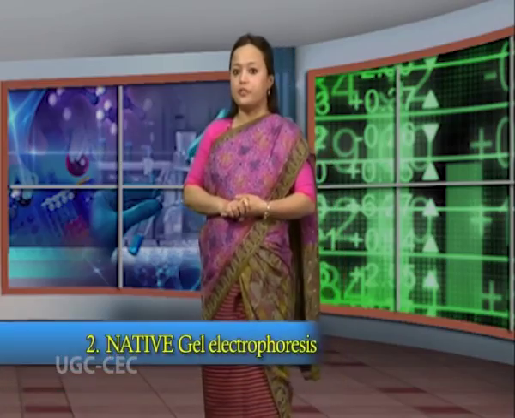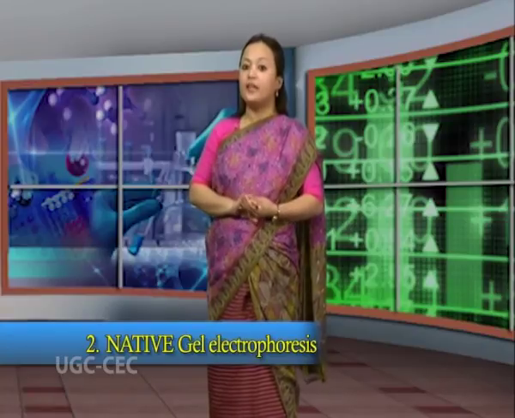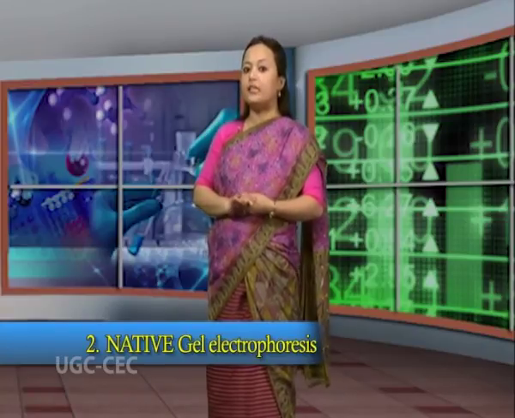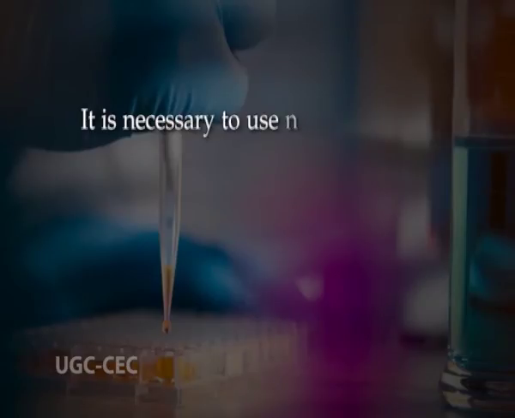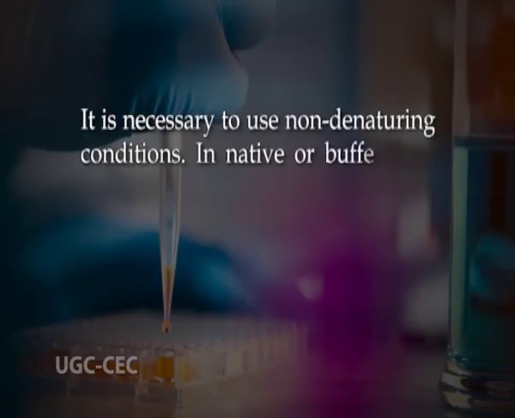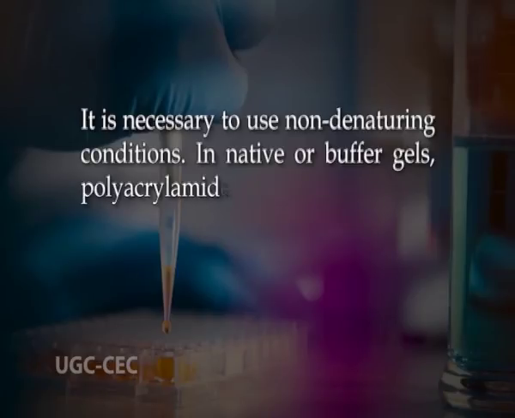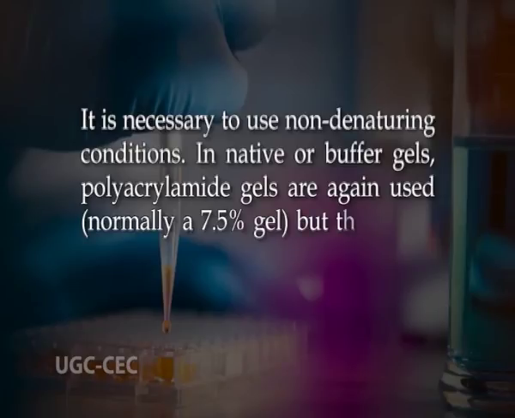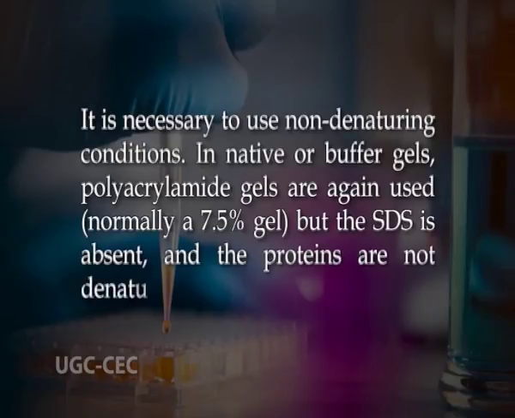Native gel electrophoresis. This method is mainly used to analyze proteins in their native state without denaturing them, for example enzymes, etc. In this case, it is necessary to use non-denaturing conditions. In native or buffer gels, polyacrylamide gels are again used, normally a 7.5% gel, but the SDS is absent and the proteins are not denatured before loading.